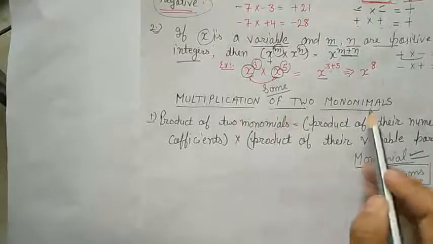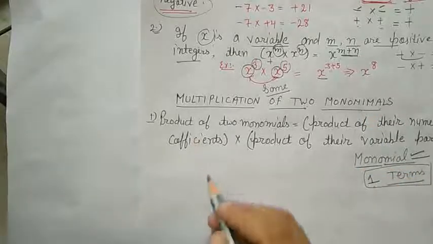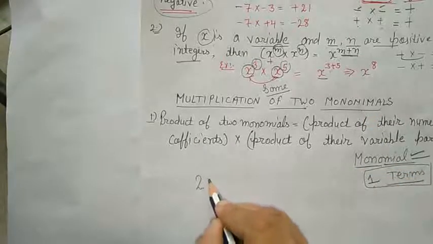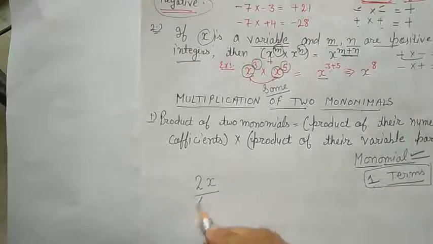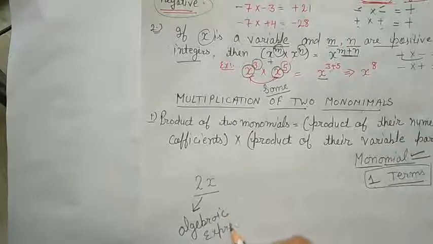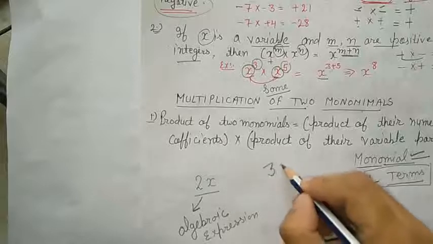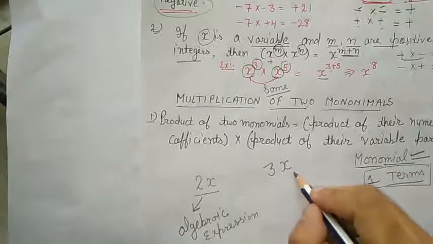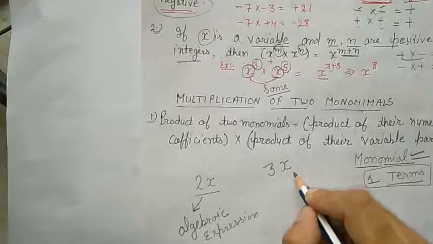Multiplication of two monomials. Suppose we have two monomials. This is an algebraic expression, and this is also an algebraic expression.